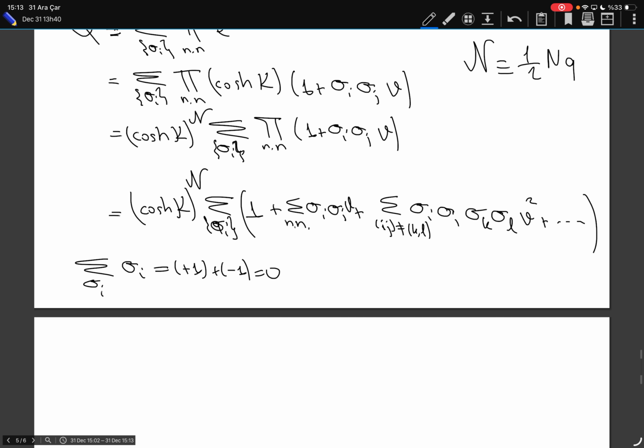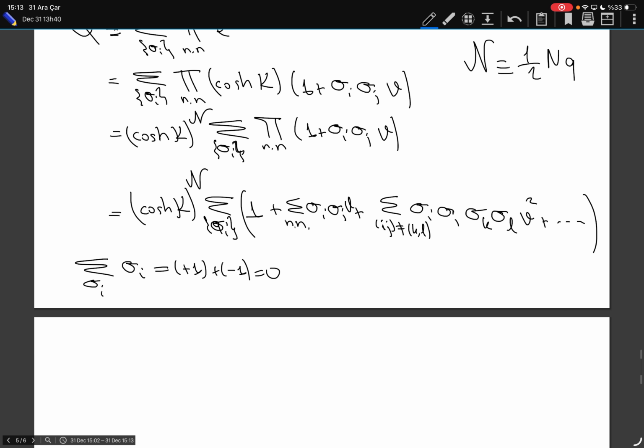Yes, but as far as I understood with this, sigma i and sigma j, all the sigmas are just random things. Yeah. Well, they determine my microstate, if you like. Can't they all be one? You see, for a specific state, all sigma i's being equal to plus 1, that is one of my ground states.